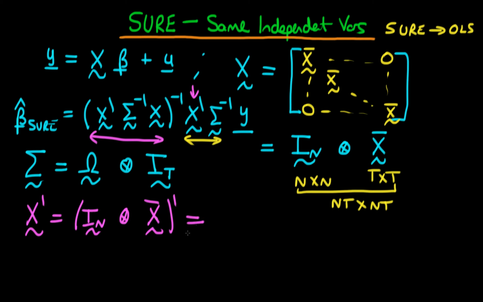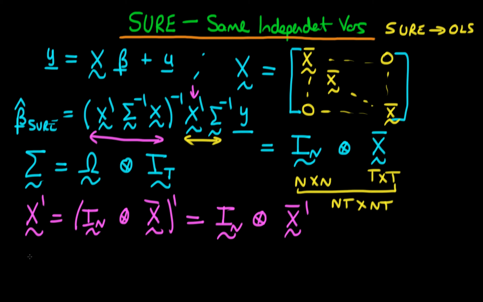From our rule about taking the transpose of a Kronecker product, this is equivalent to the Kronecker product of the respective transposes. But the identity matrix is a symmetric matrix, so its transpose is just equal to the identity matrix. Hence, X' just becomes the Kronecker product of I_n with x bar'.